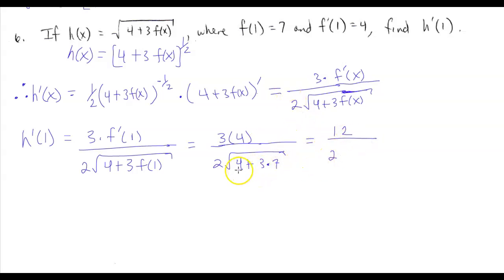Denominator, of course, 3 times 7 is 21. And 21 plus 4 is 25. 12 divided by 2 is 6. And of course, square root of 25 is 5. So our final answer ends up just being 6/5.